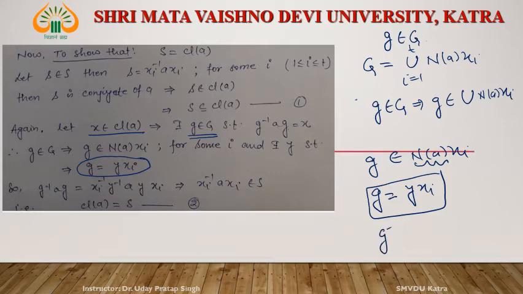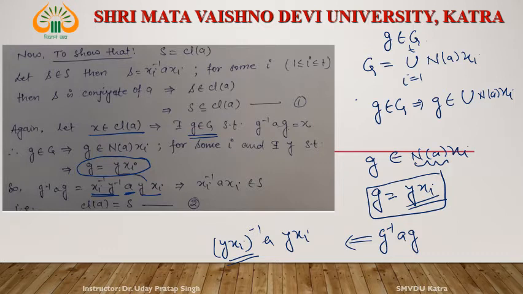Then what is G inverse AG? G inverse AG is (YXi) inverse A (YXi). This YXi inverse is Xi inverse Y inverse by the reversal rule, so we get Xi inverse Y inverse A Y Xi. Now, what is Y inverse AY?